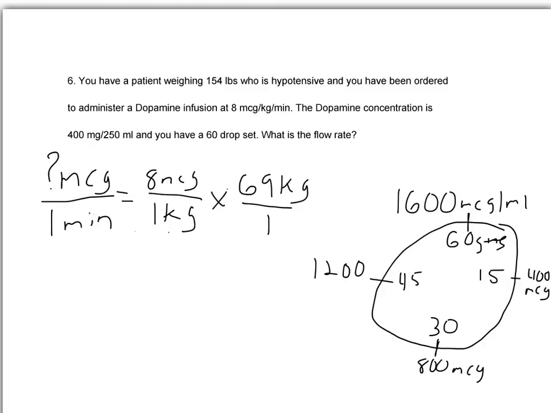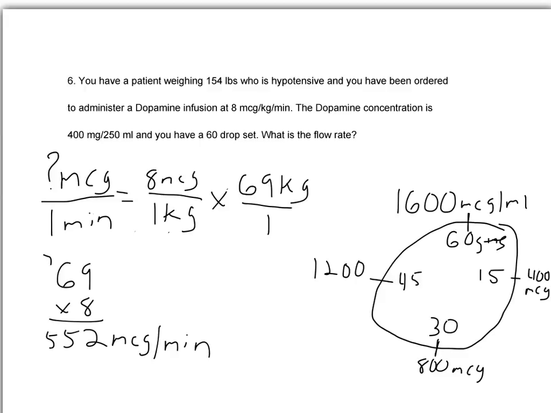So we just multiply 69 times 8. 9 times 8 is 72. 6 times 8 is 48, plus 7 is 55. So that gives us 552 micrograms per minute.